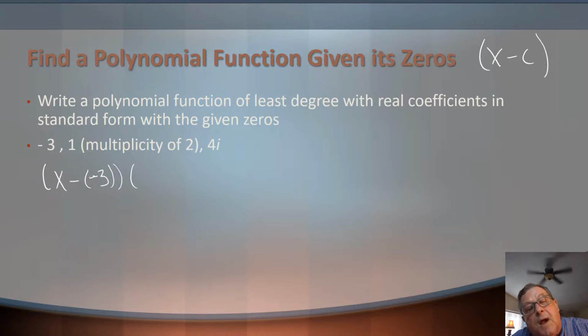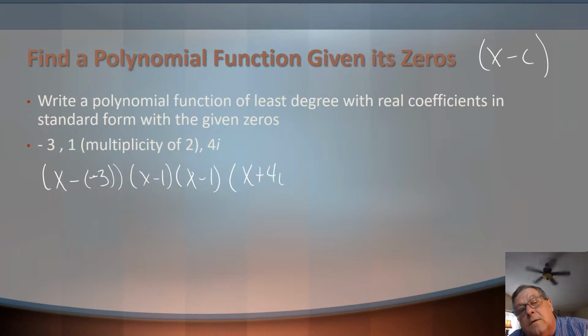We've got x minus 1, and that's got a multiplicity of 2. And then we've got x plus 4i and x minus 4i.